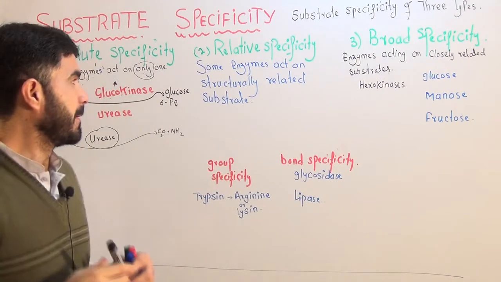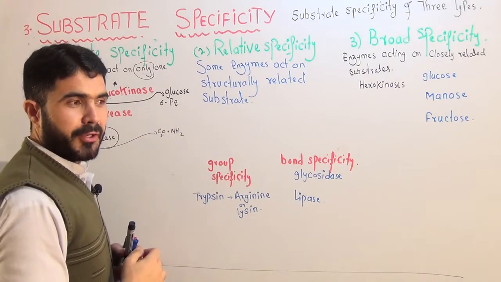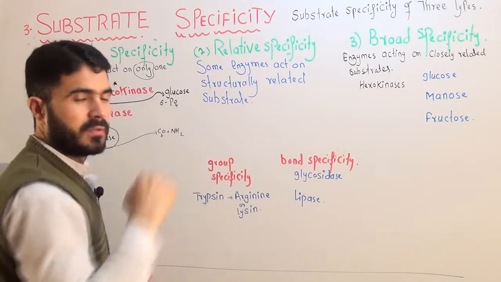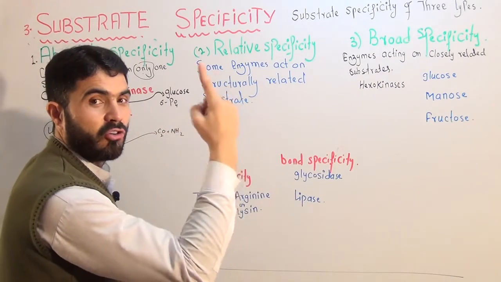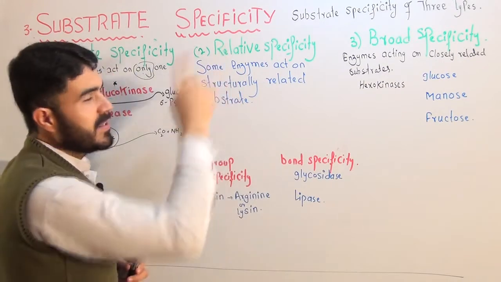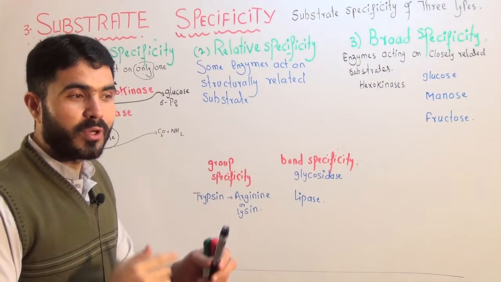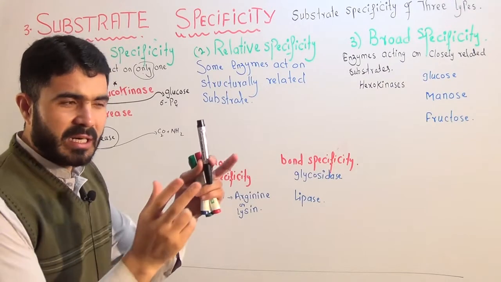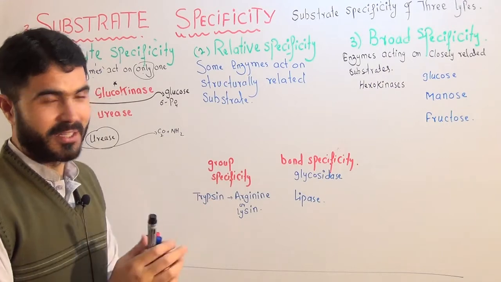In relative specificity, you will see there will be enzymes, but one enzyme will not be acting on only one substrate. In this case, one enzyme will be acting on more than one substrate, but these substrates will be related to each other.